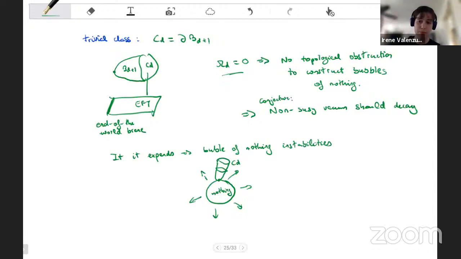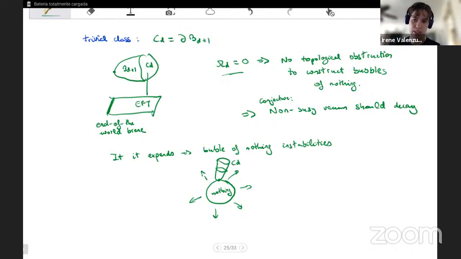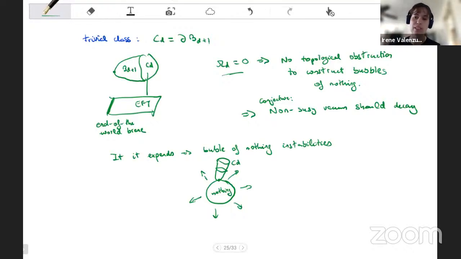And this was formulated without thinking of bubbles of nothing, by different means, like actually thinking of the weak gravity conjecture and so on. But now there is a new way to try to prove this conjecture by studying these bubble of nothing instabilities and trying to show that, since they seem to be always topologically allowed, we can also show that they will always expand once supersymmetry is broken.